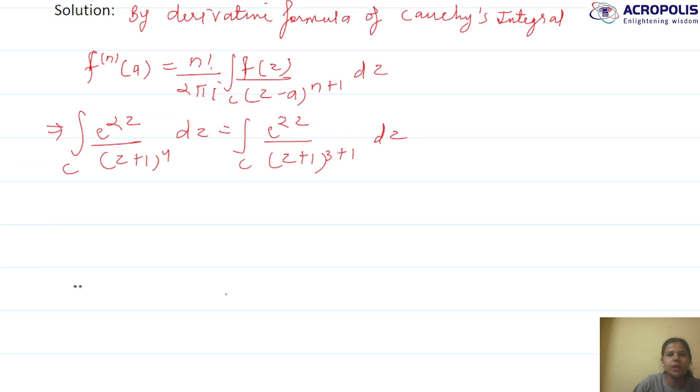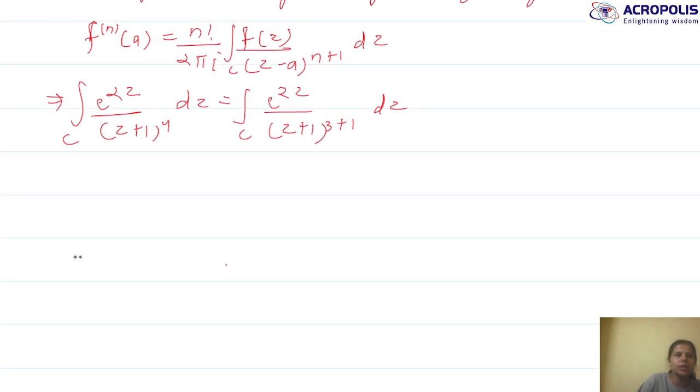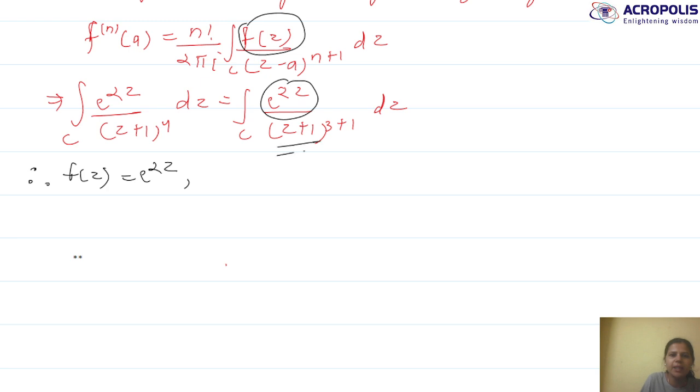When we compare, f of z equals e to the power 2z, and z plus 1 is z minus a, so a equals minus 1, and n plus 1 is 3 plus 1, so n equals 3.